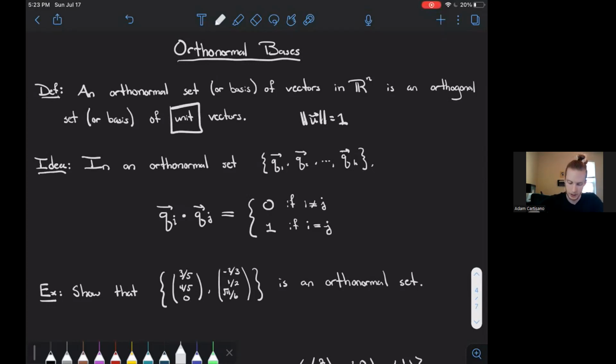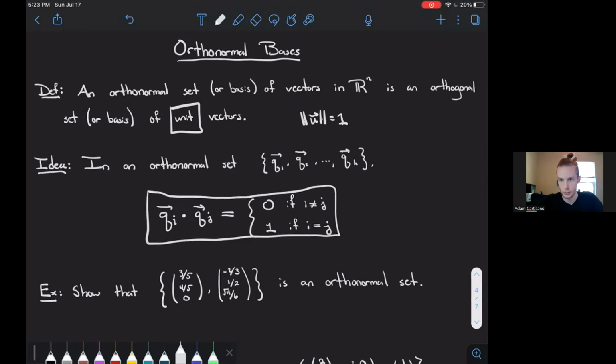So when that happens, here's the characterization of an orthonormal set. If you have an orthonormal set Q1 up through Qk, and you do Qi dot Qj, you will either get 0 if the two vectors that you just dot product are different, or if you dot product a vector with itself, you get precisely the number 1, because the norm of a vector is the square root of the vector dot product with itself.